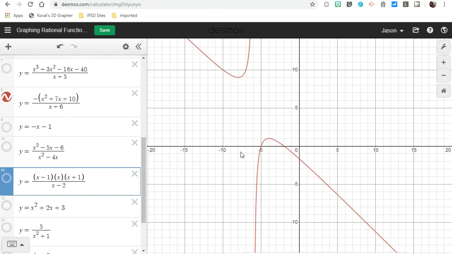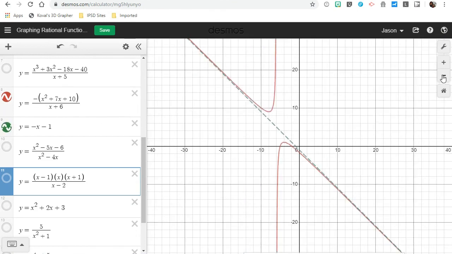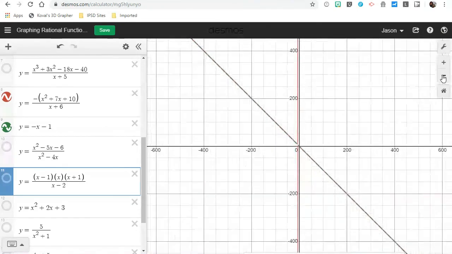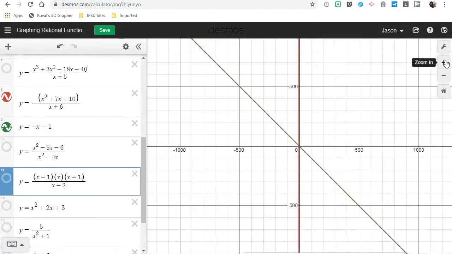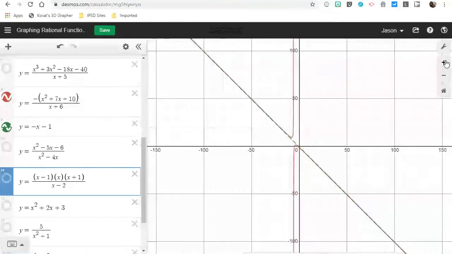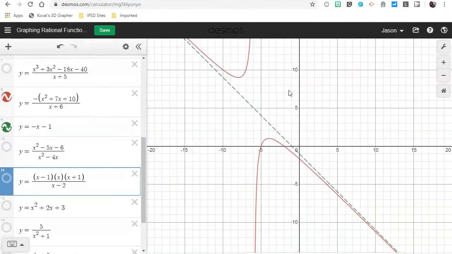Problem 8, as we can see, it looks like the line y equals negative x minus 1 as we go out forever and ever and ever. It follows it very closely. But as we approach the vertical asymptote at negative 6, it behaves a little bit different.